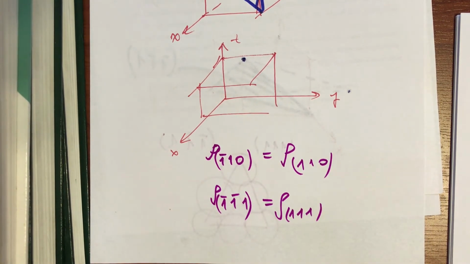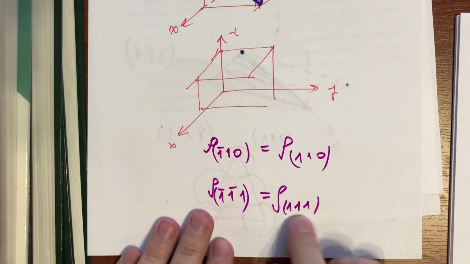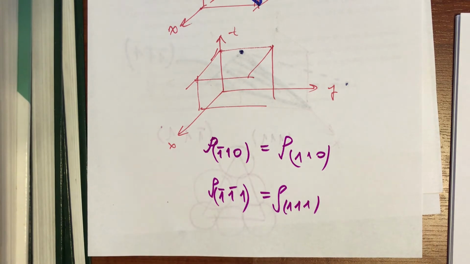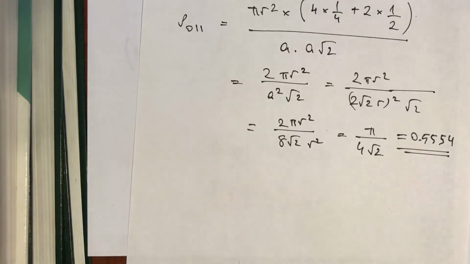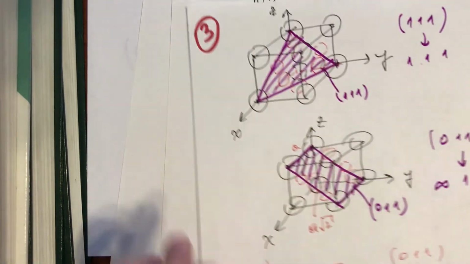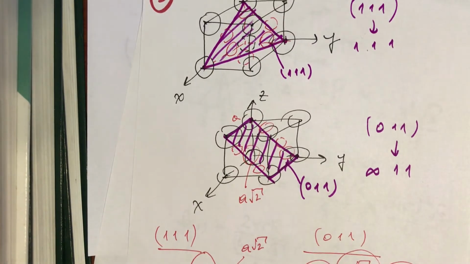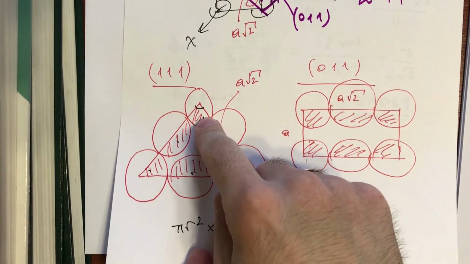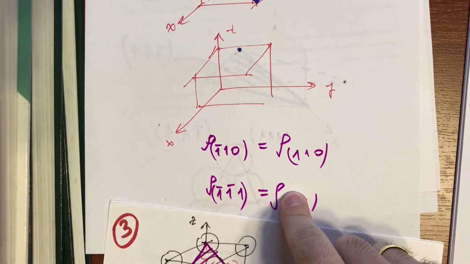So the calculations that we did for 1, 1, 1 plane for FCC, 1, 1, 0 plane for FCC, which was in a previous question. So let me find that. This is going to be exactly the same calculation here.